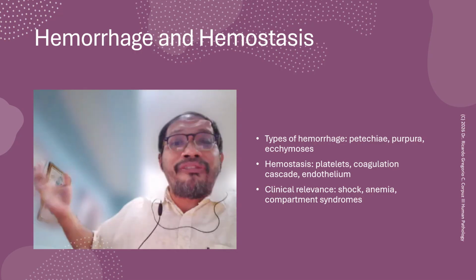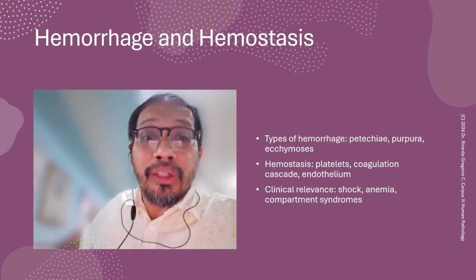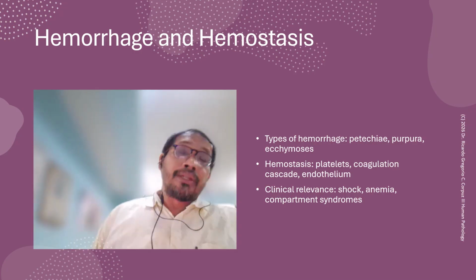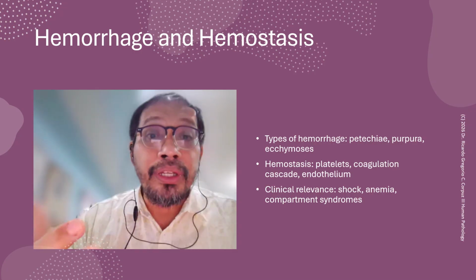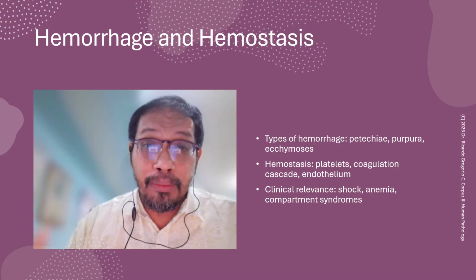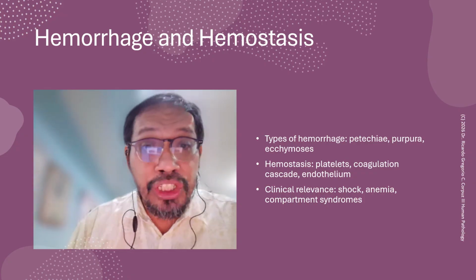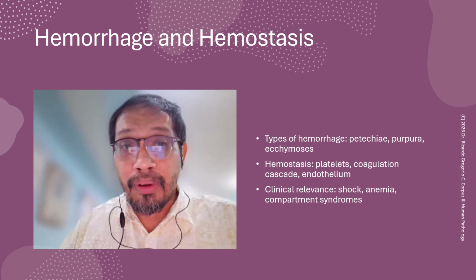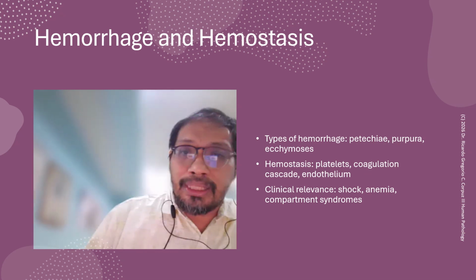So, how do defects lead to bleeding or thrombosis? Disruption in any part of the hemostatic system can shift the balance toward either hemorrhage or thrombosis.